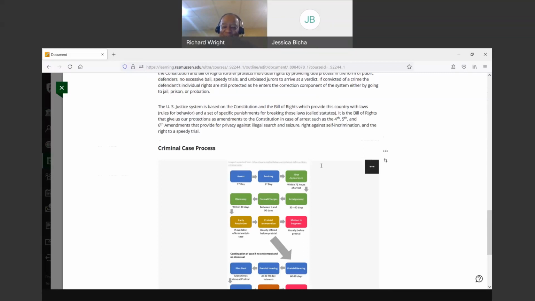Once it goes past that charge, you get to discovery, which some jurisdictions call disclosure, where the defense attorney is able to file a motion for discovery or disclosure, requesting that the prosecution provide evidence to substantiate the charges.